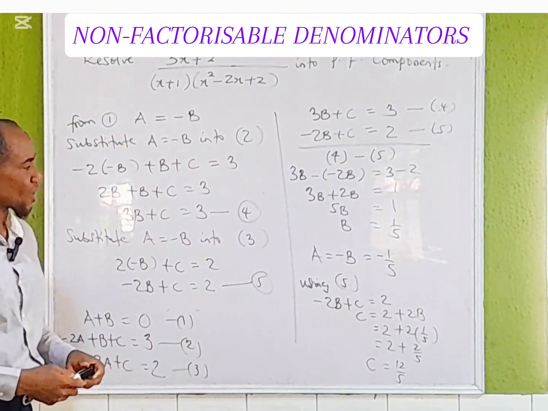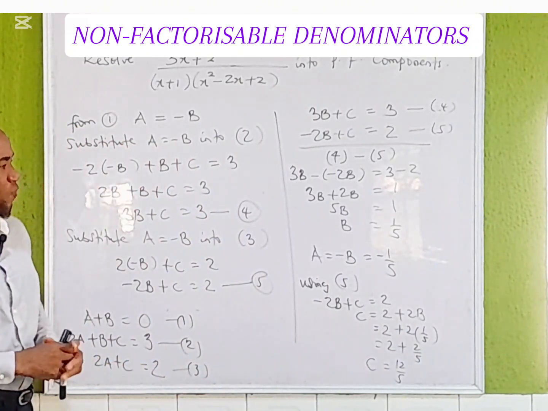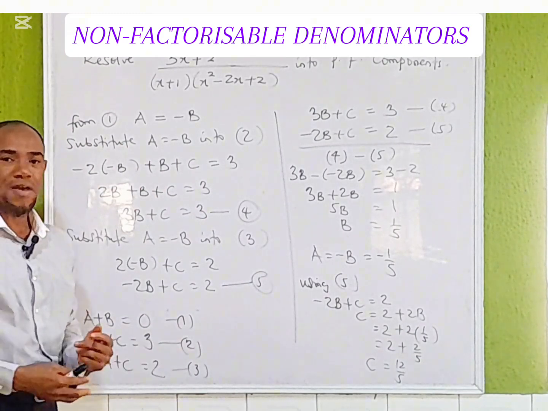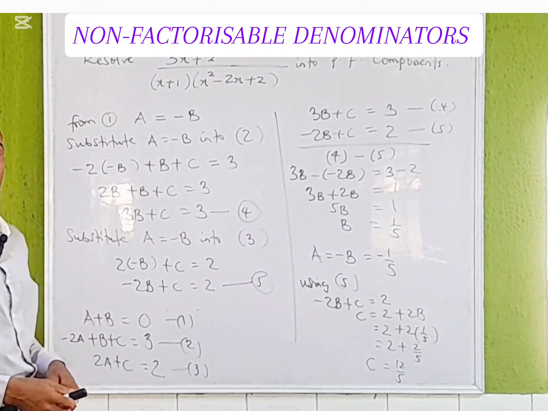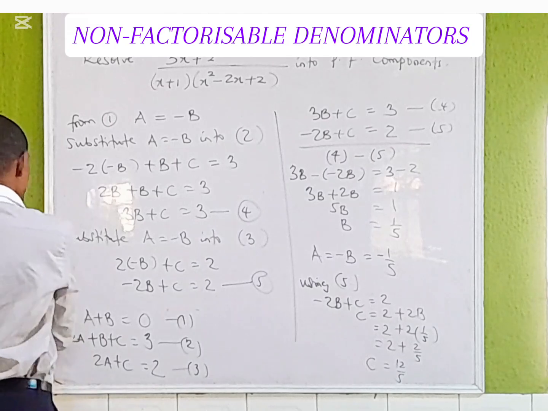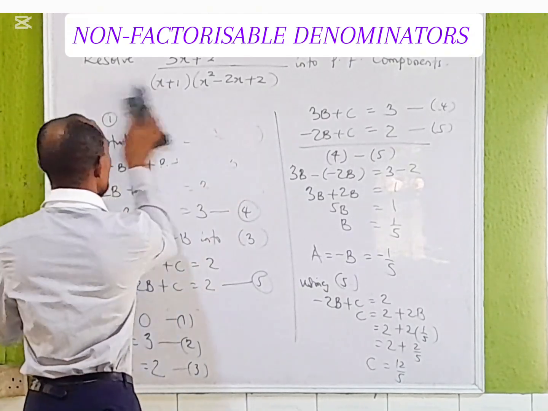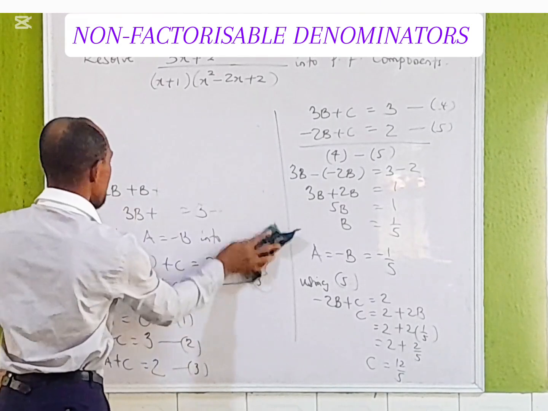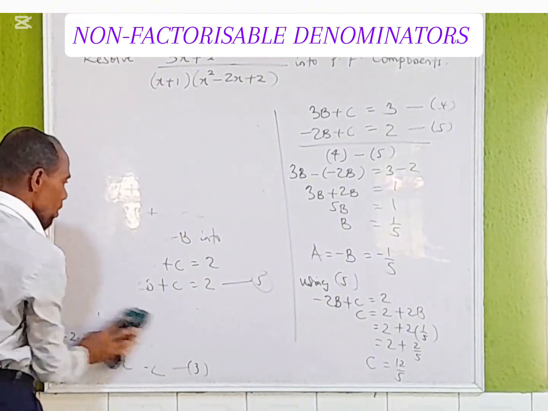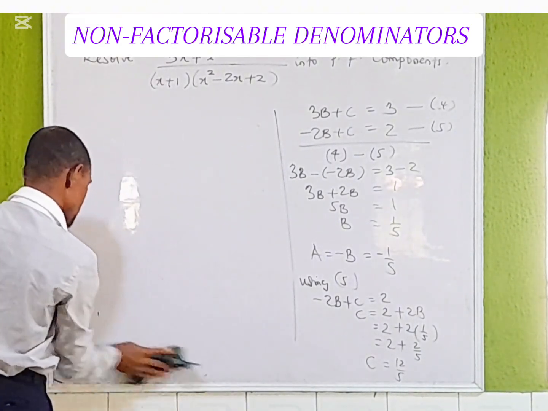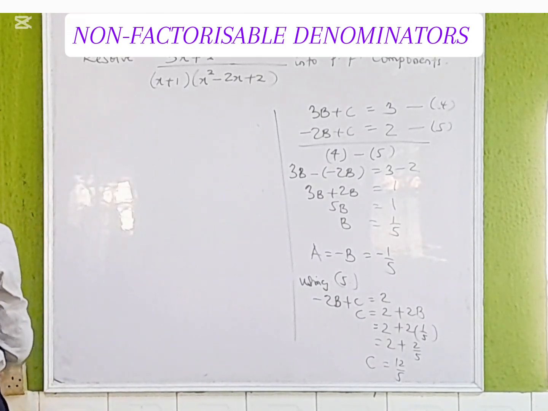Hence, the three values have been gotten. A, minus 1 over 5. B, 1 over 5. And C, 12 over 5. And with that, the stage is set for us to simply replace the letters A, B, and C in the standard equation.